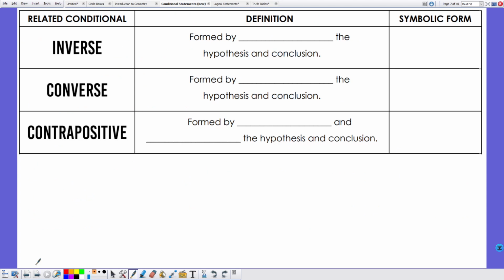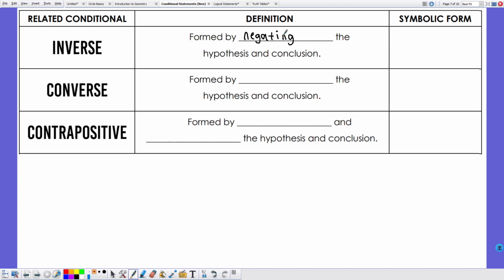From there we can take the inverse of a conditional statement. This is formed by negating the hypothesis and its conclusion, using the operation of negation that we learned about in the previous videos.